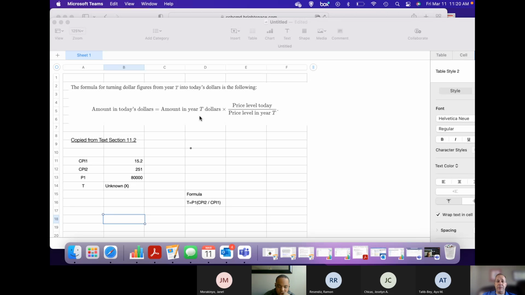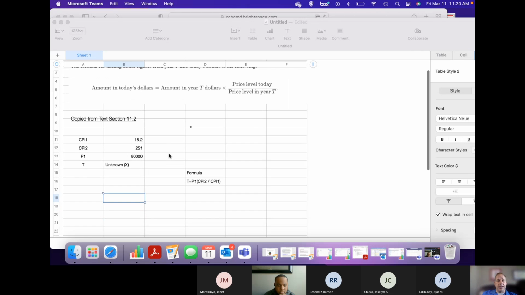I'll tell you up front, I don't find this very useful. So I'll show you how to do it the way it is in the text, and then I'll show you what I think is a far more useful way to do this.